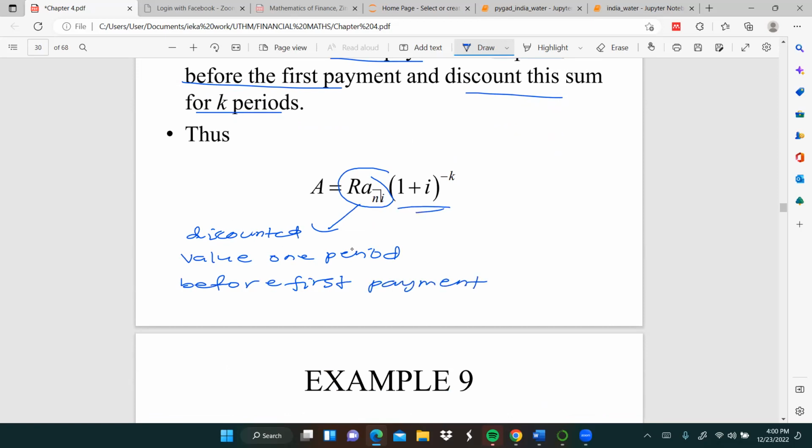Meanwhile, this one is the discount factor for K periods.